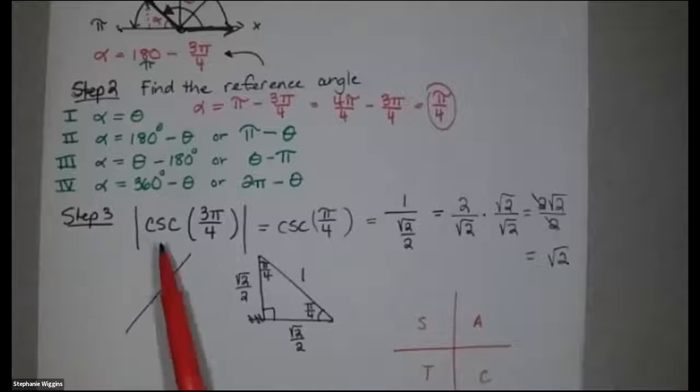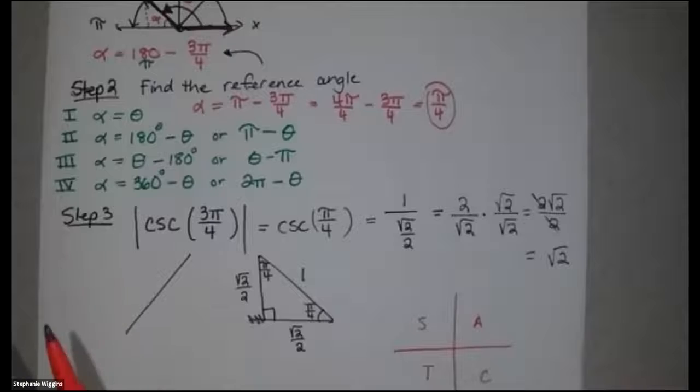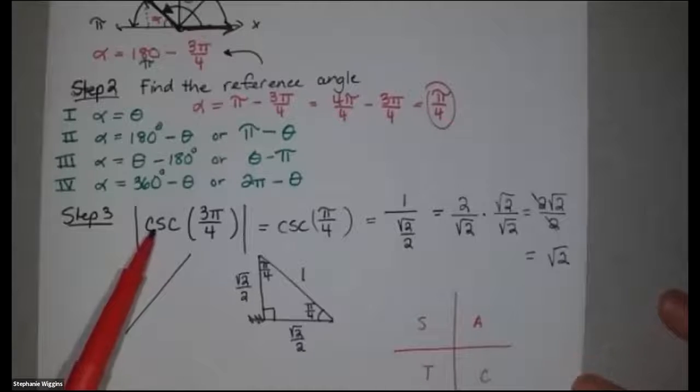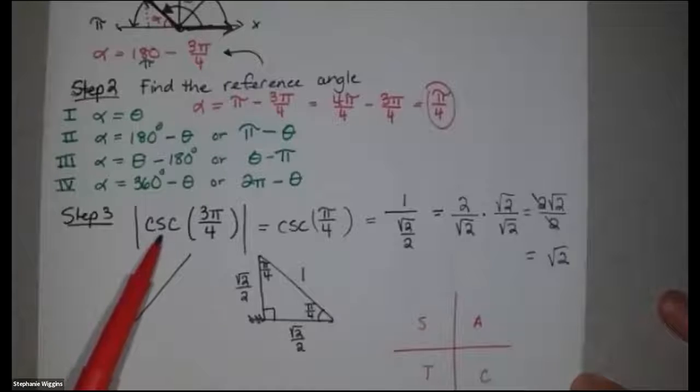Now remember, cosecant has the same sign, S-I-G-N, as sine, S-I-N. I know it's confusing, okay? Cosecant and sine have the same sign. So if sine is positive, cosecant is going to be positive. And if sine is negative, cosecant is going to be negative.